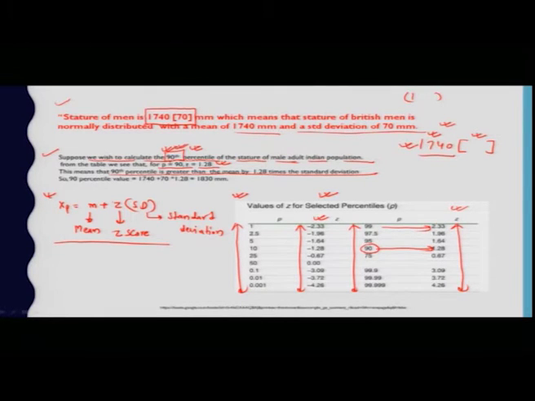Here we will put these values: mean is given as 1740, z score is already taken from the table, that is 1.28, and standard deviation is written inside that bracket, this is 70. So, 1740 plus 70 into 1.28 will give you 1830 mm. This is the 90th percentile value of the stature of male adult Indian population.